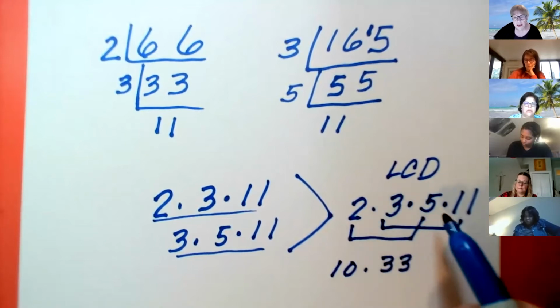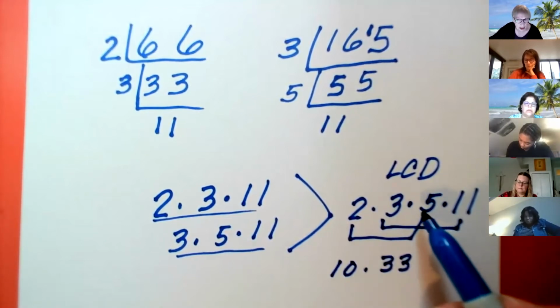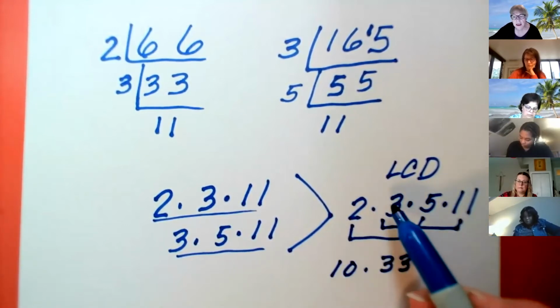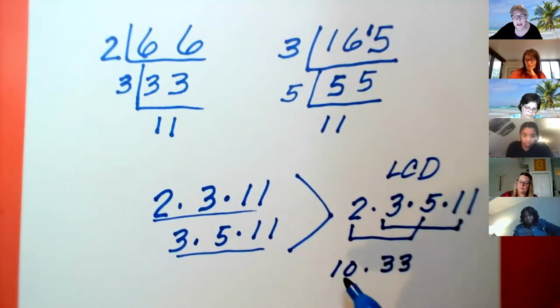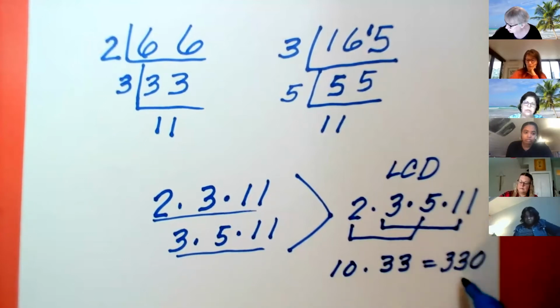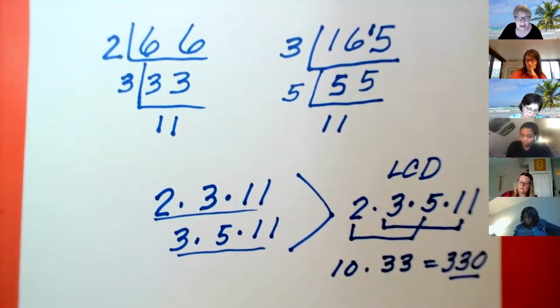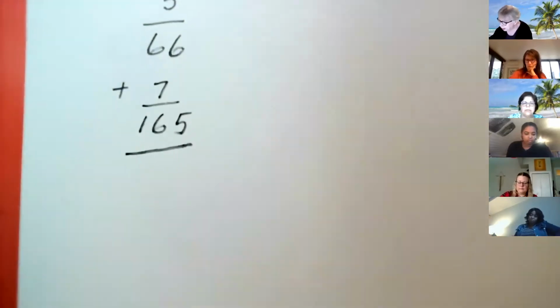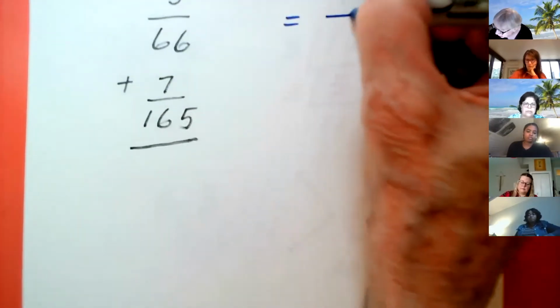I multiplied my 2 times 5, and this is just a shortcut, so I don't have to do it inch by inch. So 10 times 33 is 330. That is the smallest common denominator for this stupid problem. So I'm going to come back over here and say it's 330.